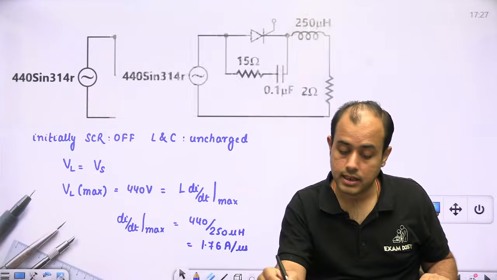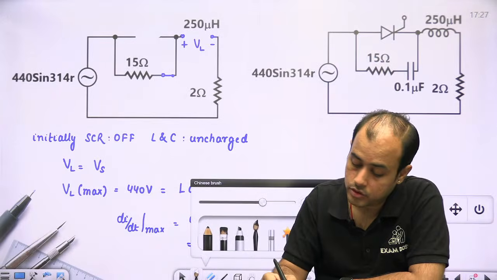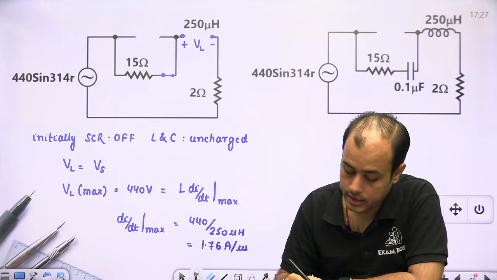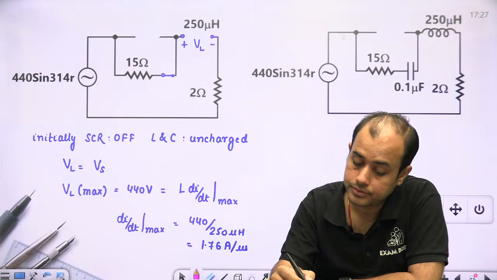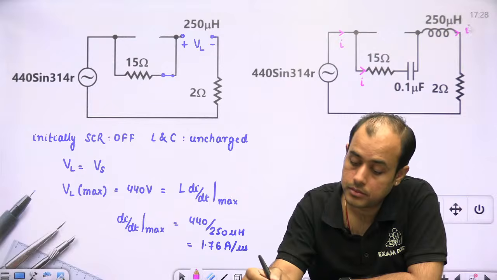Now, beta, when actually your current starts to flow, current will flow like this, because SCR is off. Okay.